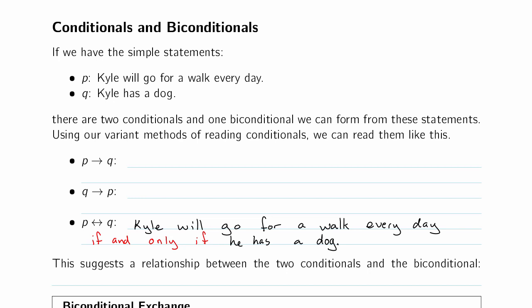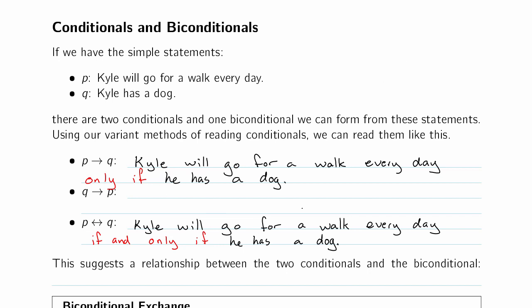We can write a conditional using only if to introduce the then part. Right? We can write, Kyle will go for a walk every day as the if part, and then we say, only if, and then our then part, our consequent, is he has a dog.